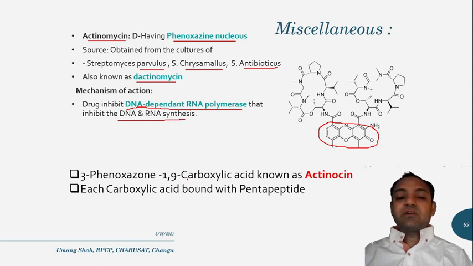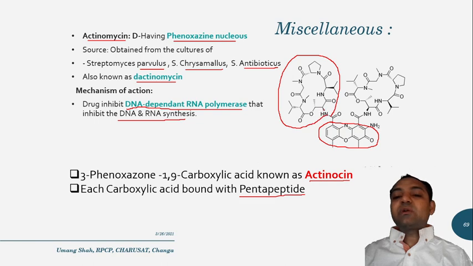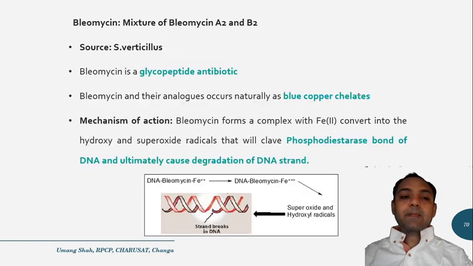And this 3-phenoxazone 1,9-dicarboxylic acid is called actinocin, and each carboxylic acid is bound with a pentapeptide. If you look here, this is a carboxylic acid derivative which is bound with five different peptide bonds. So this is 1, 2, 3, 4 and 5. The same way it also occurs at the 9 position.